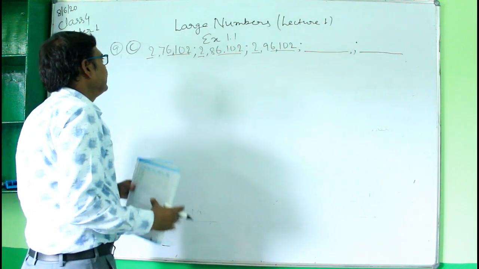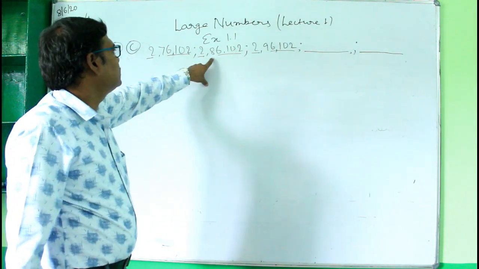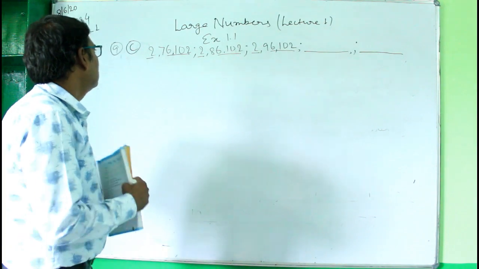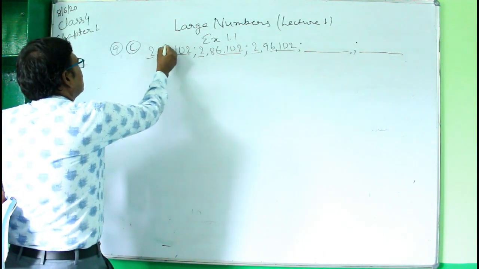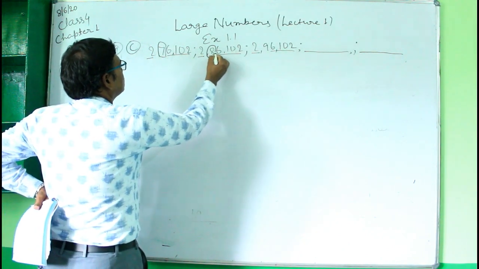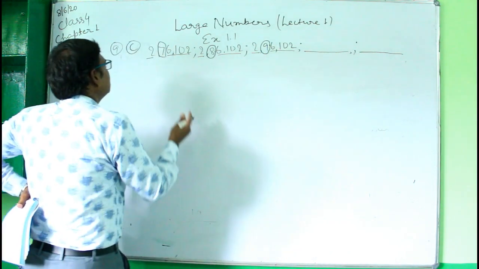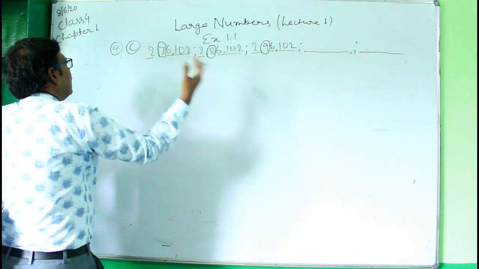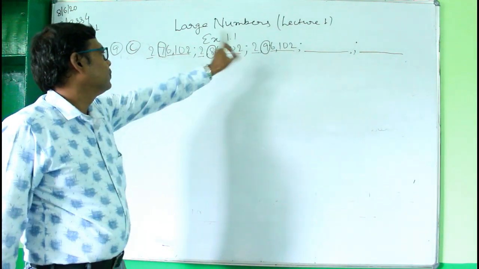What is changing is 7, then here 8, and then here 9. That is, the digit at the ten thousands place is changing. It means that we are adding 10,000 to the given number to get the next number.